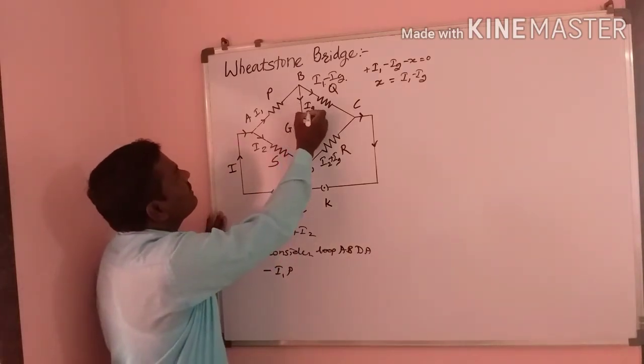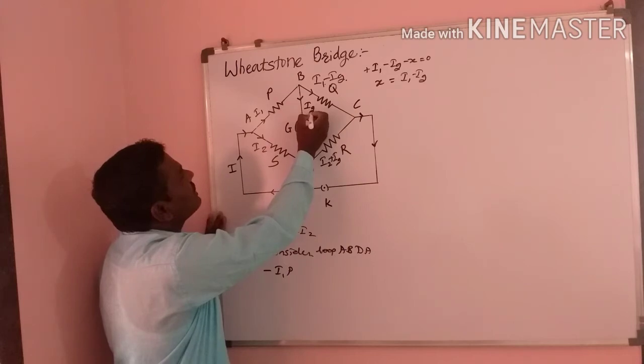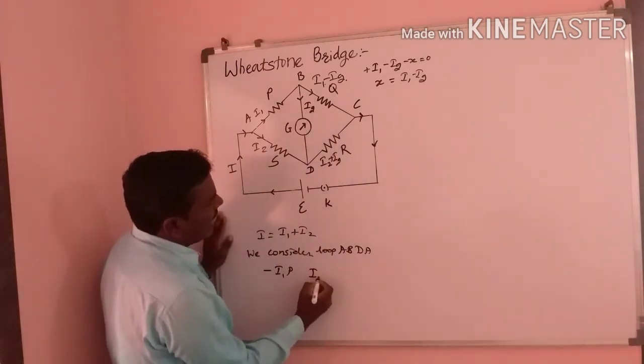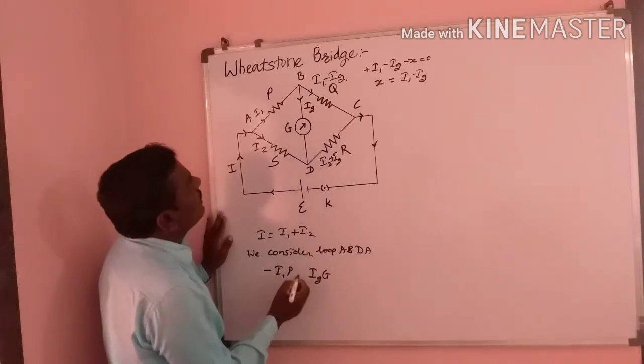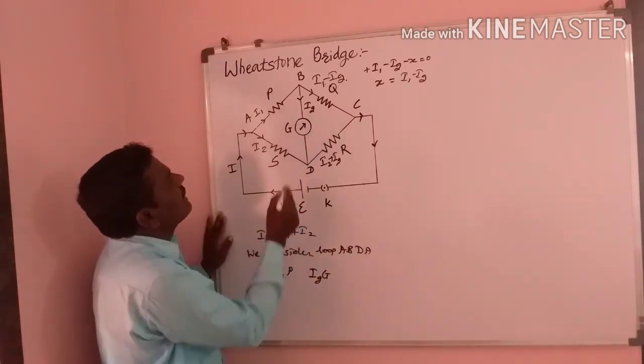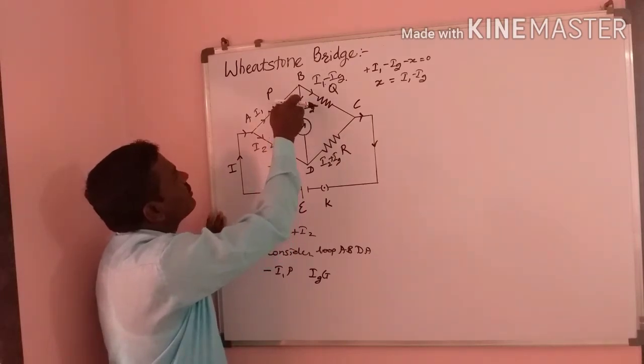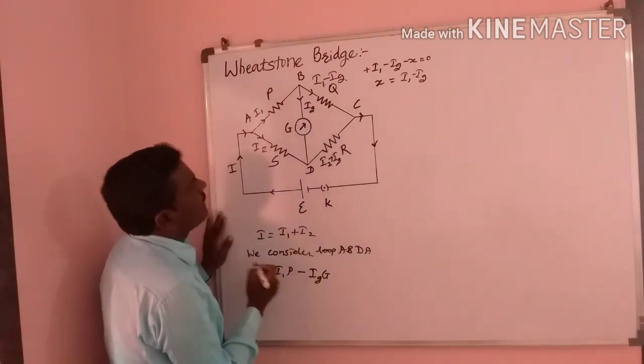Again, we have Ig and the resistance of the galvanometer G, so we write Ig into G. It is also along the direction of conventional current, so there is a minus sign.